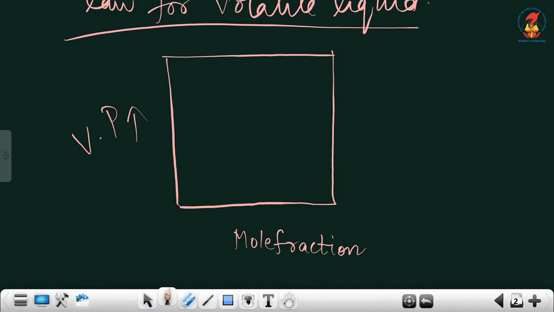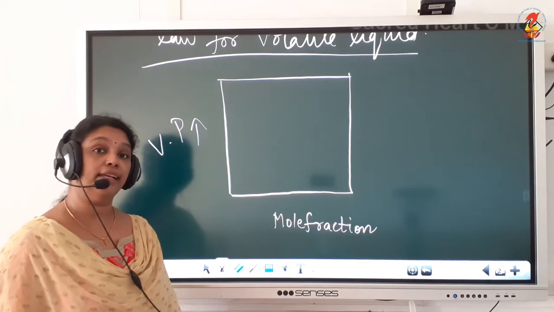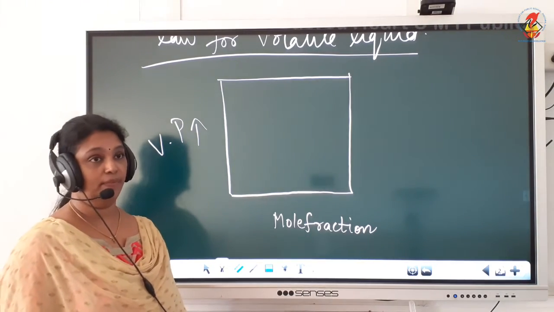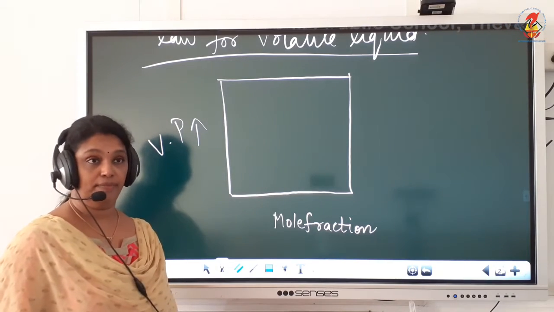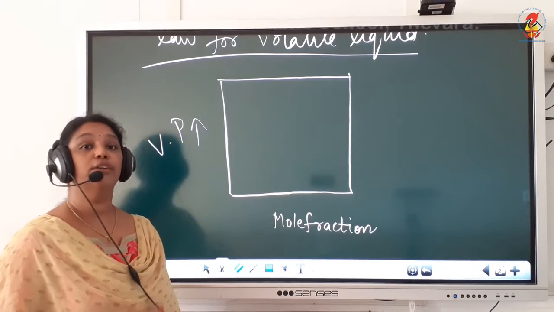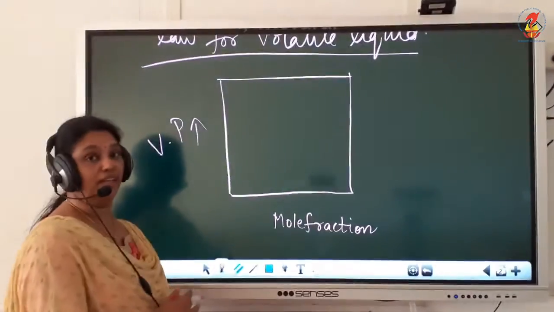Vapor pressure against mole fraction is plotted, and we know according to Raoult's law the vapor pressure of each component is directly proportional to mole fraction. So we are going to draw the variation of vapor pressure with mole fraction for both the components, that is solute and solvent, in the same graph.